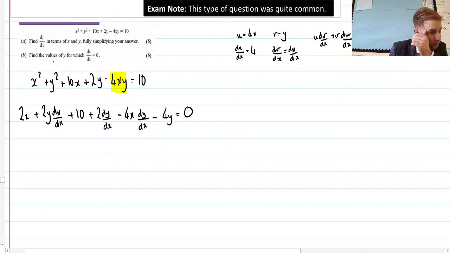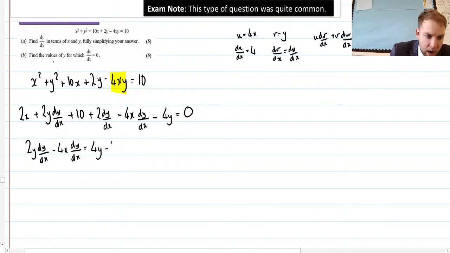And if I differentiate the 10, that's just equal to 0. If I want to find out what dy by dx is, I need to put everything with dy by dx on one side, everything else on the other side. So let's keep dy by dx on the left. So 2y dy by dx minus 4x dy by dx is equal to, let's take the minus 4y over first, so 4y minus 2x minus 10.